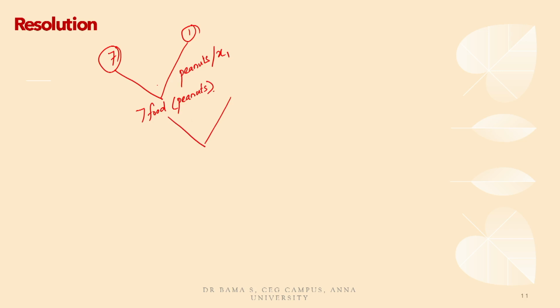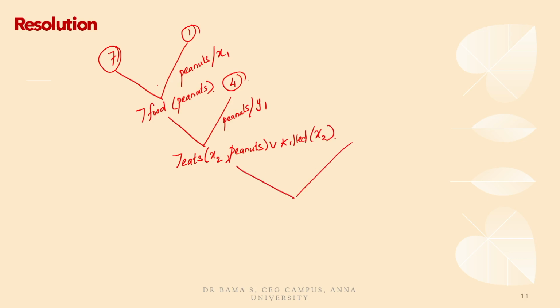and then this with 4, we will be substituting peanuts in the place of y 1, and this we would get as not eats x 2 peanuts or killed of x 2. And this is from the fifth clause, where we can substitute 5B, you can substitute Bill in the place of x 2.